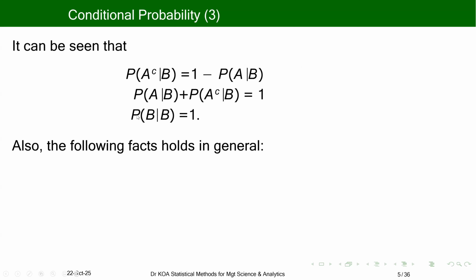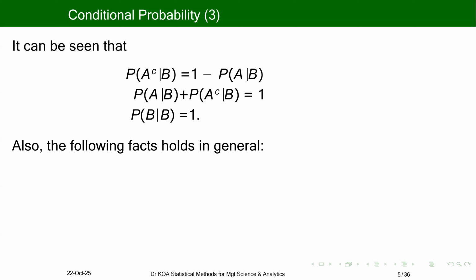Now, who can tell me why the probability of B given B is 1? I mean, it's a certainty. So if something is likely to happen based on itself, then I'm talking about practically. Why does that make sense?